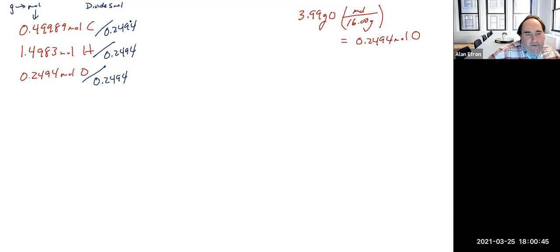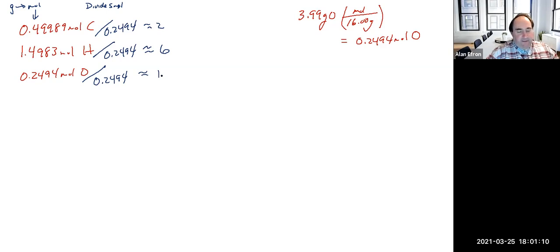And now if we do that, we will end up with some numbers. It does look like we end up with a 2 on the first one. We end up with a 6, and we end up with a 1 in that particular case.